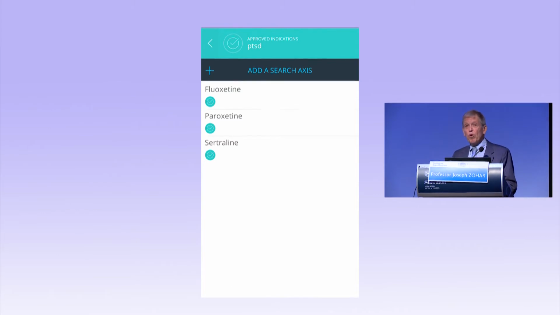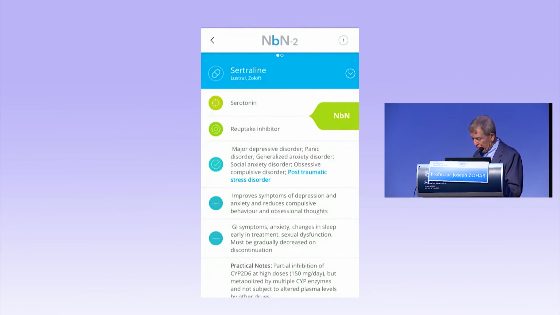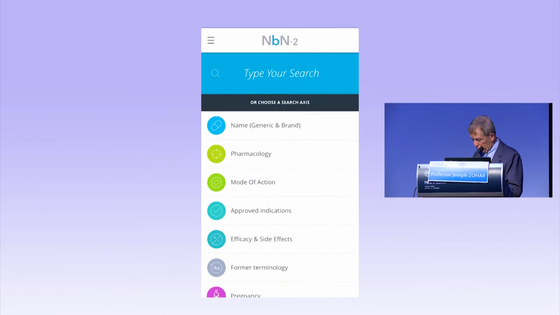Again, it doesn't include all the serotonergic medication, because only some of the pharmaceutical companies did studies in PTSD, but at least you know which medications are approved or not approved. So you can play with this. This is a very basic way how to use NbN.